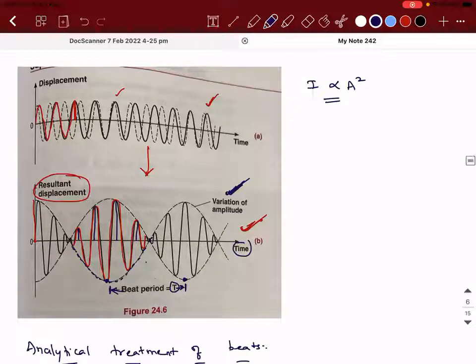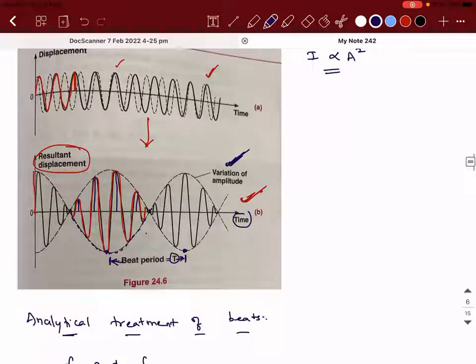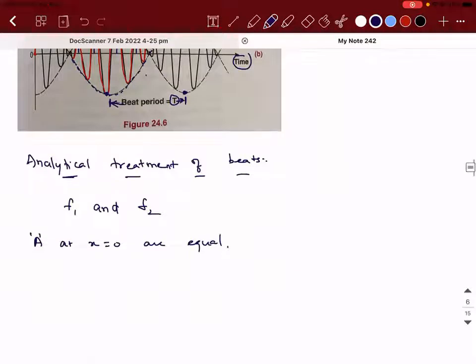You're able to see the dotted lines and the continuous lines both have the same amplitude at the starting point. Then we can write the equation of the first wave as y1 equals a sin(omega1 t), and y2 equals a sin(omega2 t).